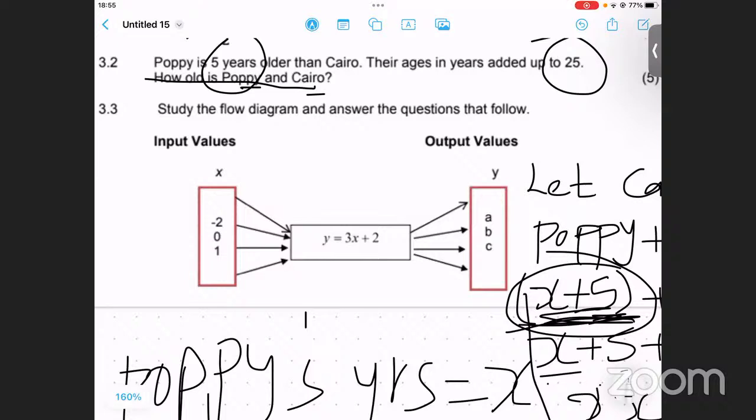-4, ma'am. -4. And Busisi, what is going to be the value of y if our x is equal to 0? Ma'am, it's 2. We got 2, perfect. And Babalelo, how are we going to calculate for our C?